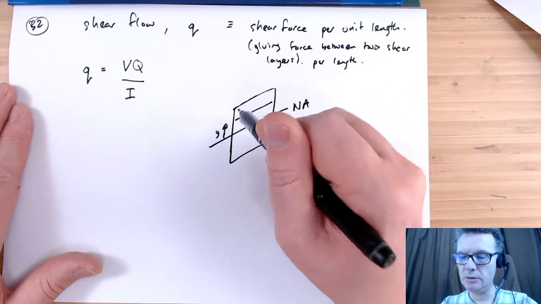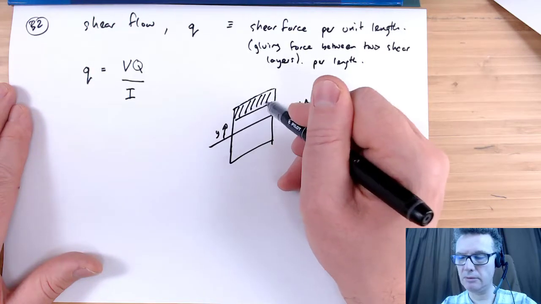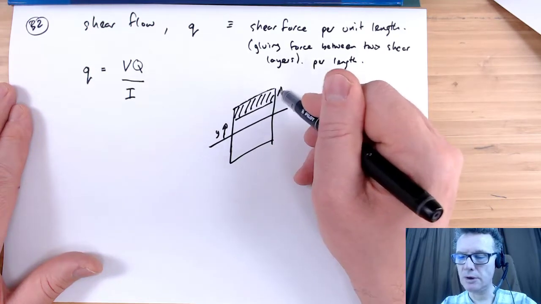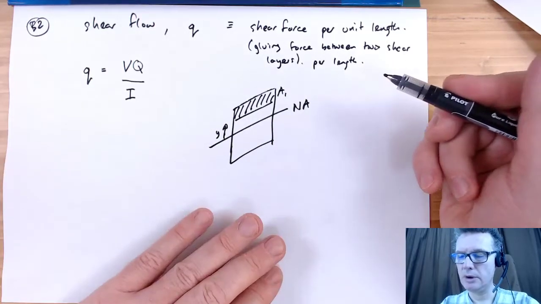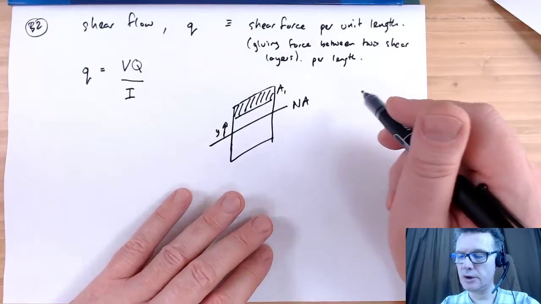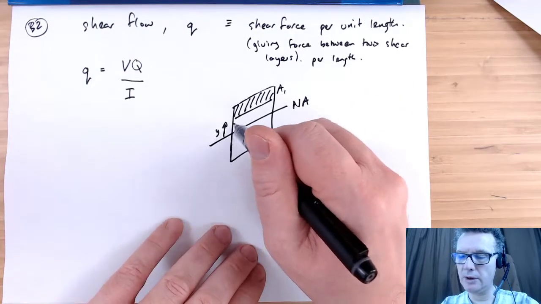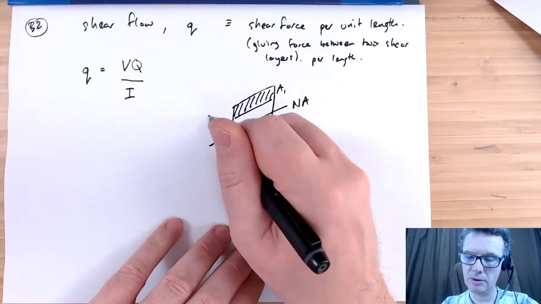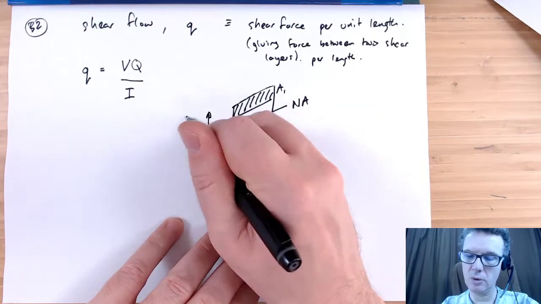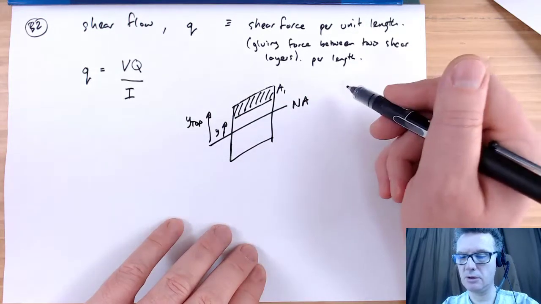Big Q is based upon this area here, which I'll call A1. So if we have y as the lower section of that area, I'll call y top the top of that section.